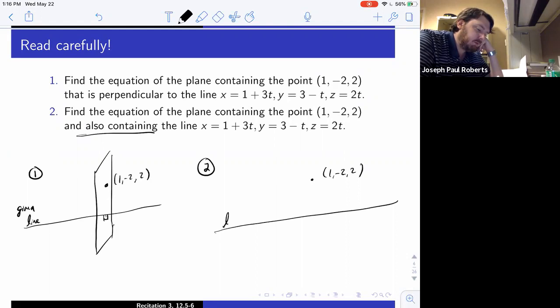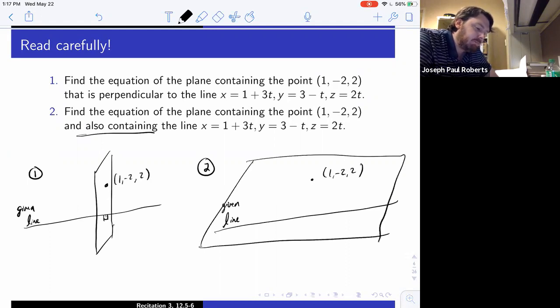So we still have the same ingredients. We have our given line and our given point, but this time we want the plane that contains those two objects. So just by thinking about it and drawing this rough picture, you can see that these are two very different questions. And it just shows you the importance of reading all these little details.